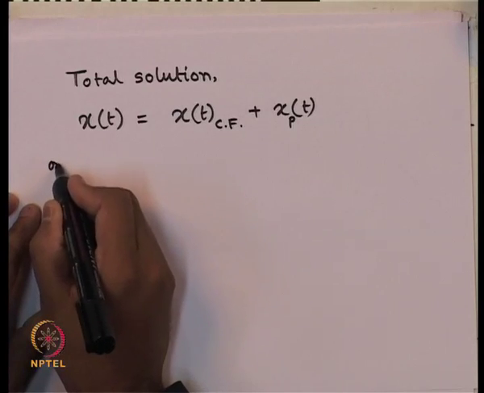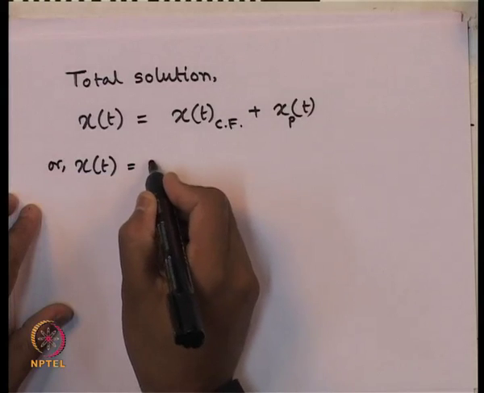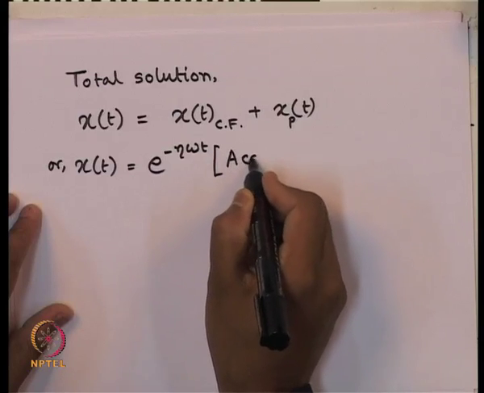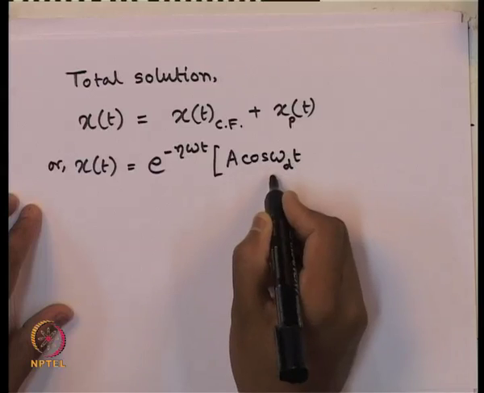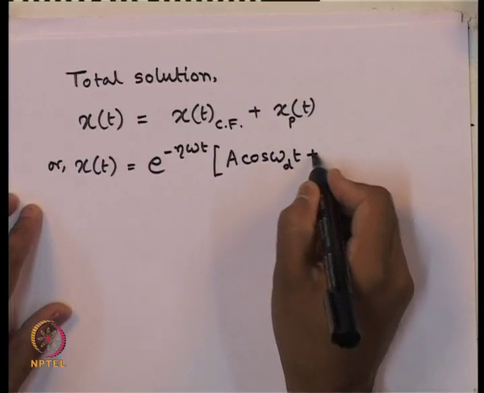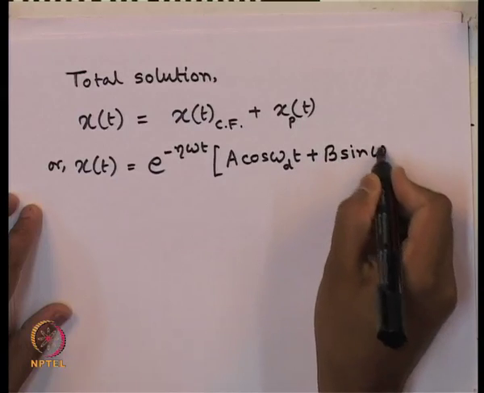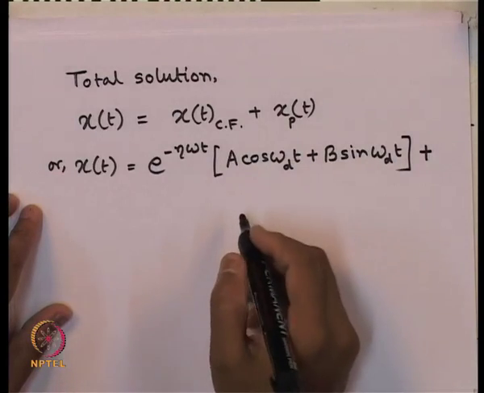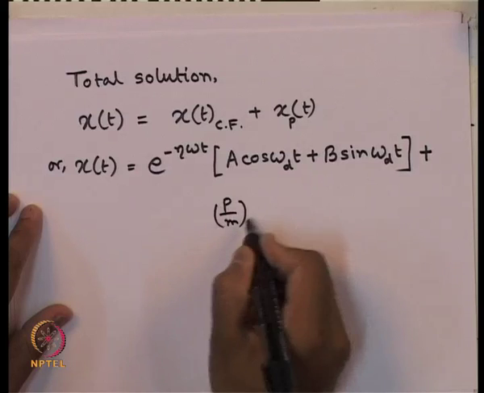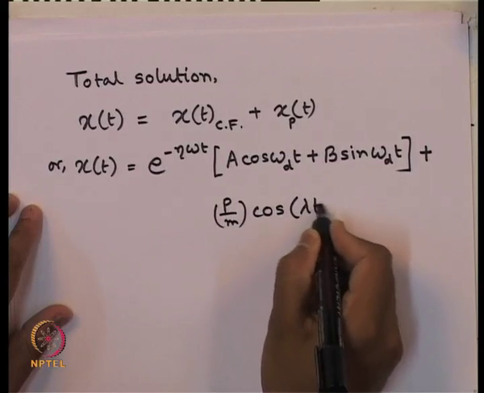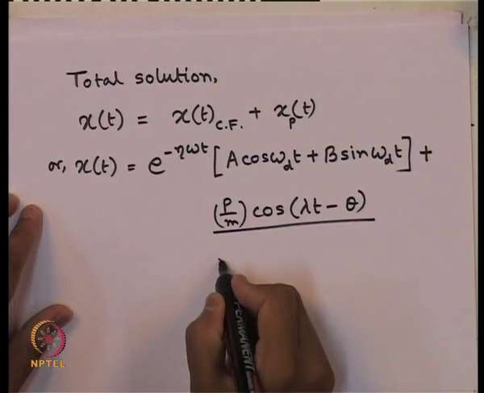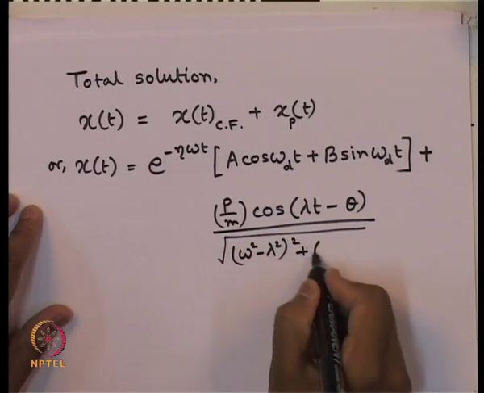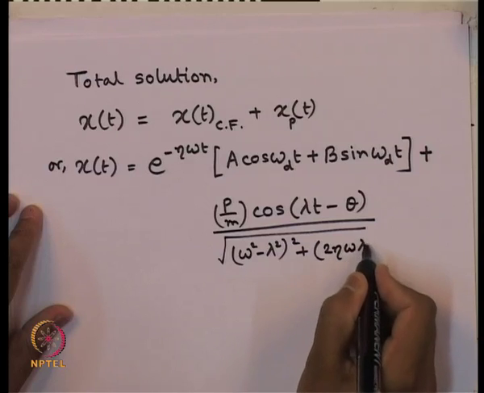It can be written as e to the power minus eta omega t times a cosine omega d t, damped frequency, plus b sine of omega d t, that is the solution of complementary function, plus this particular integral part, that is p by m cosine of lambda t minus theta by root over omega square minus lambda square whole square plus 2 eta omega lambda whole square.